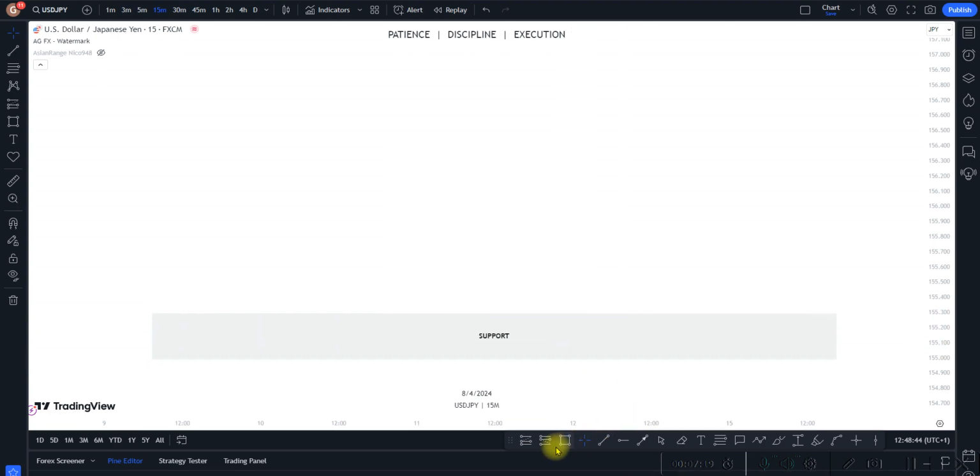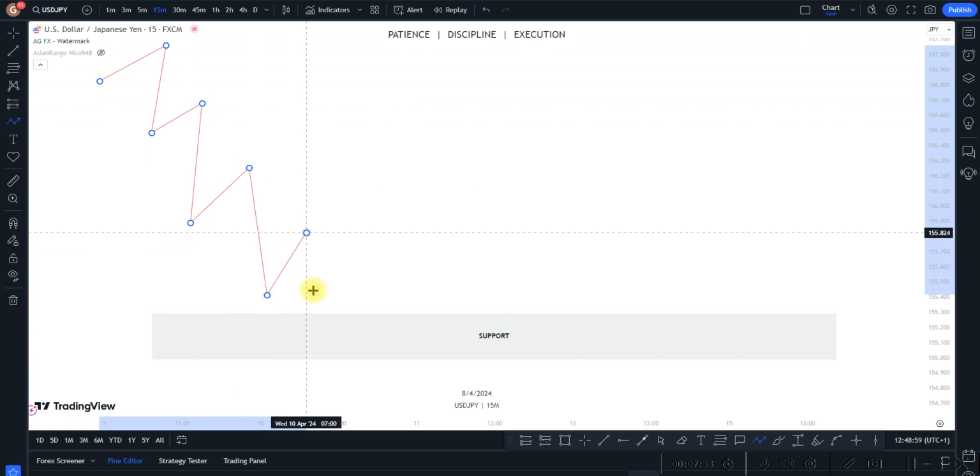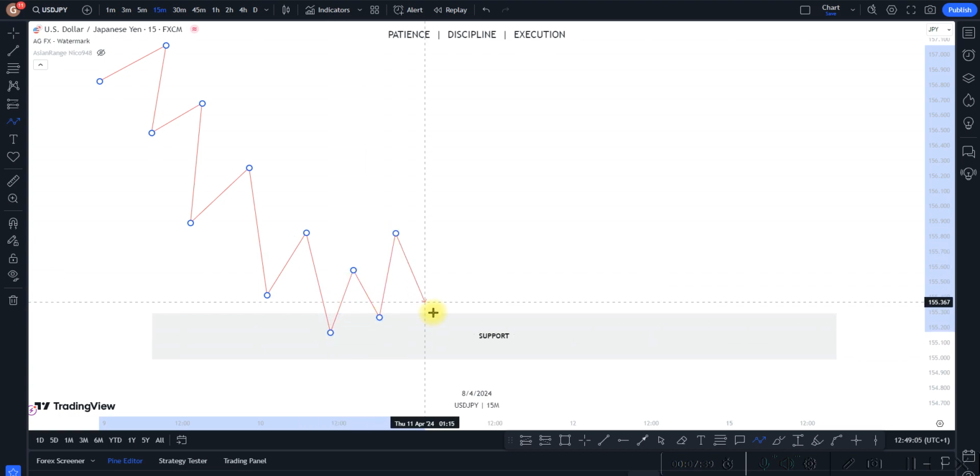Now this zone is expected to push price upward. Let's assume we've been selling, we're in a bearish market, but when we got to this zone, we saw a rejection, that is a push upward for buys.